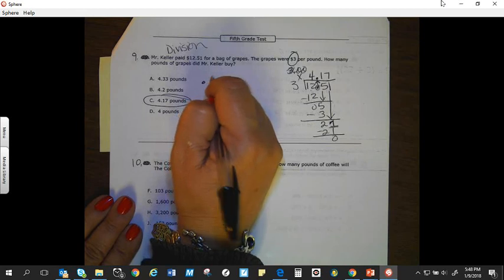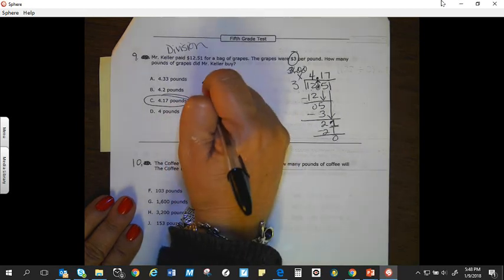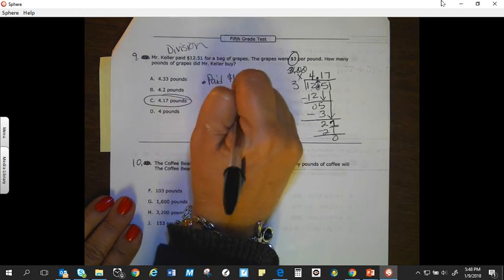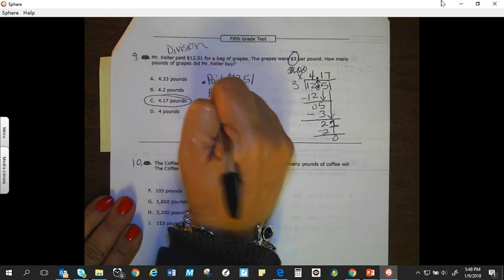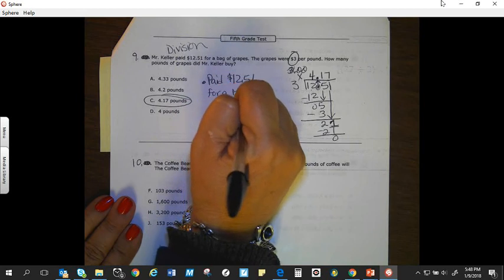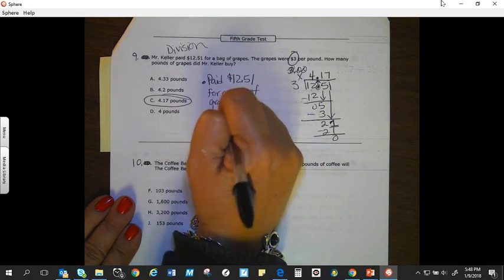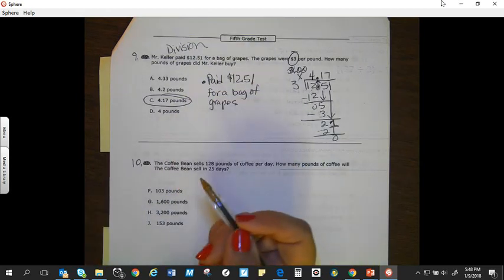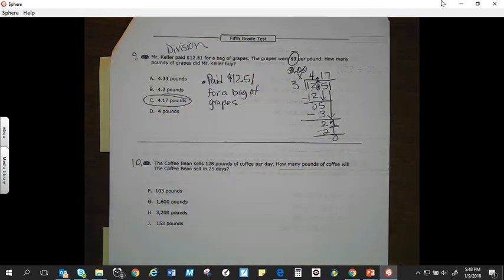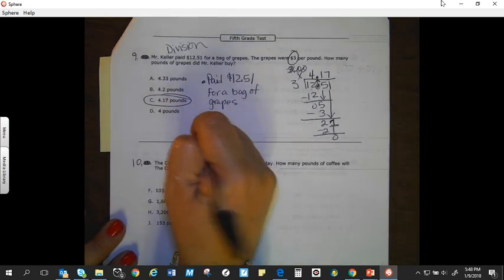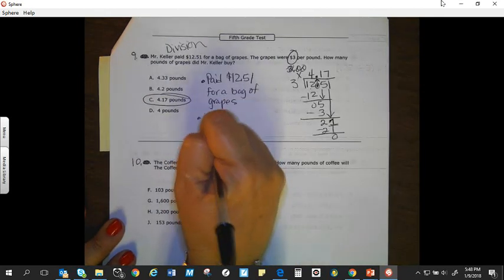So he paid $12.51 for a bag of grapes. Now keep in mind that they are pretty expensive. You go to H-E-B and buy those big containers, and see, we're looking at the same thing. It's quite pricey. So the grapes were $3 a pound.